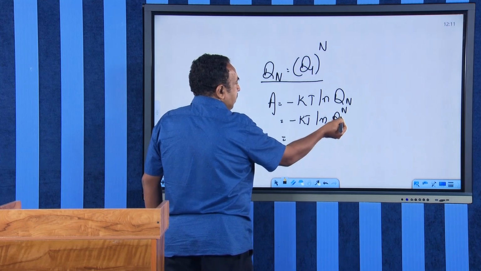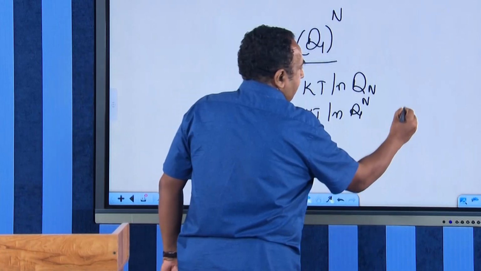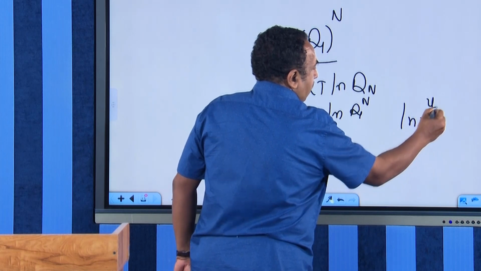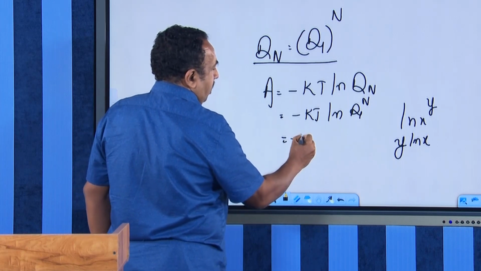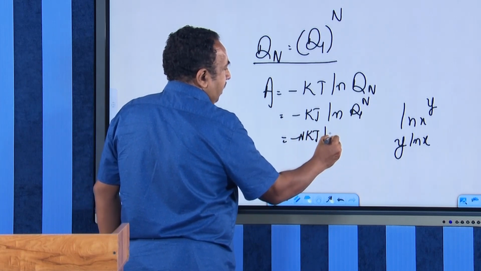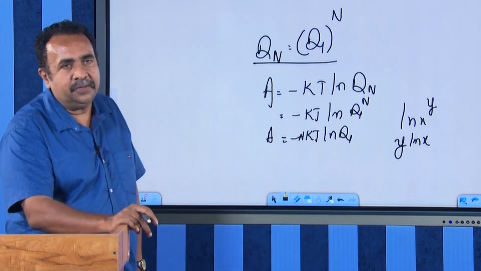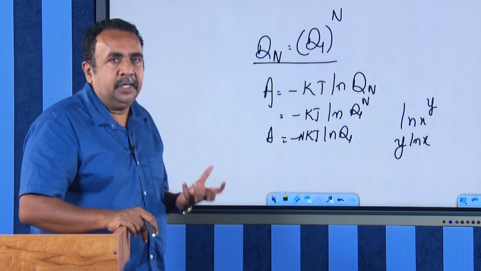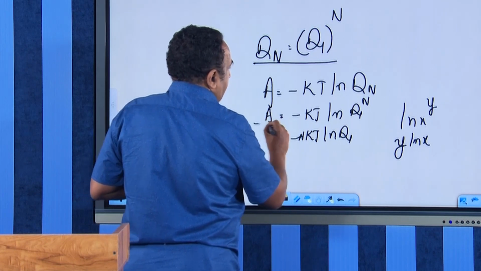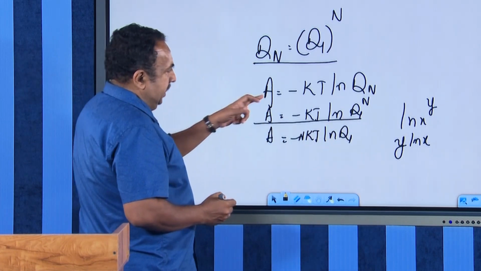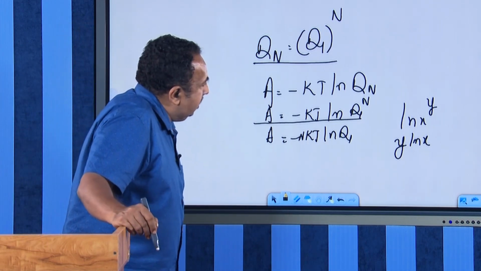Using the principle that the logarithm of x raised to y is y log x, your equation becomes minus n kT log Q1. These are the techniques of evaluating the partition function. For n particles, your Helmholtz free energy can be written in this form, minus nkT log Q1.